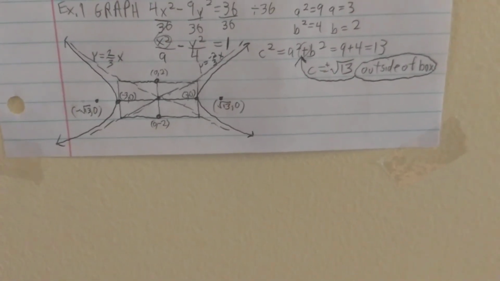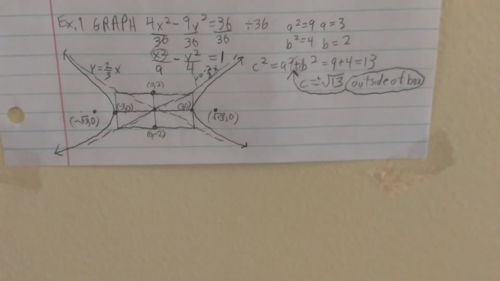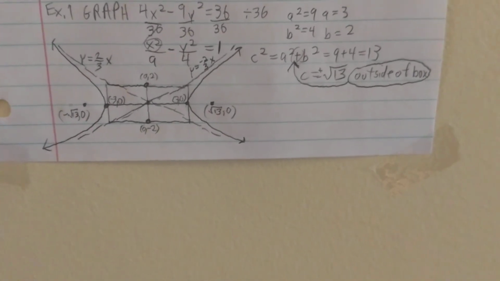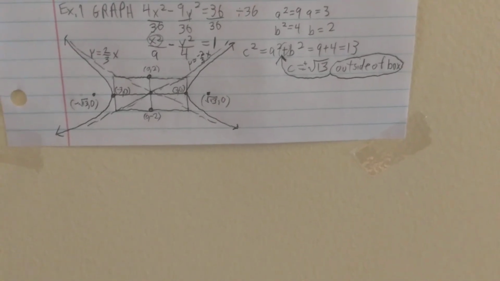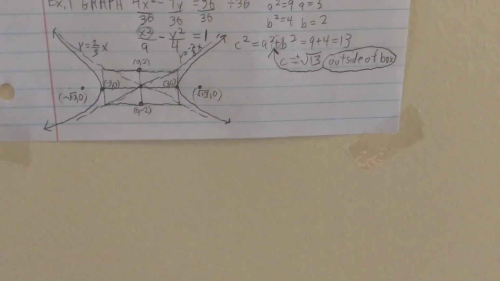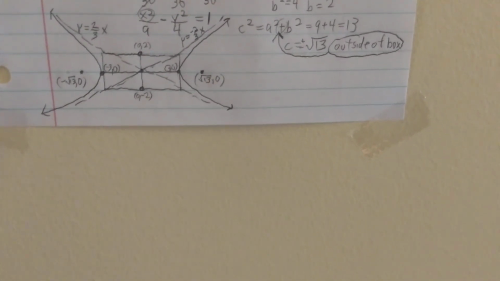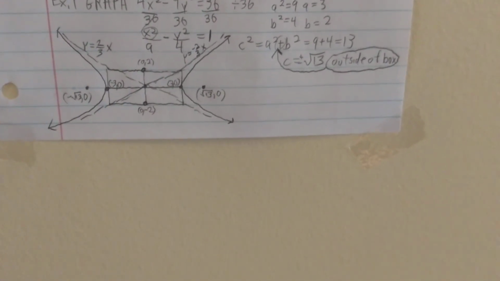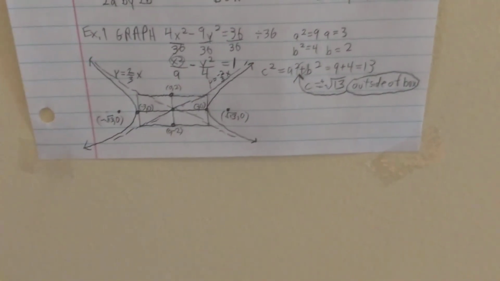So here c squared is a squared plus b squared, or 9 plus 4 equals 13. So c is equal to plus or minus square root of 13, comma 0, which you can see in the openings. And the asymptotes are rising 2 over 3 x, and on the left, it's negative 2 over 3 x. So that's our first horizontal hyperbola.